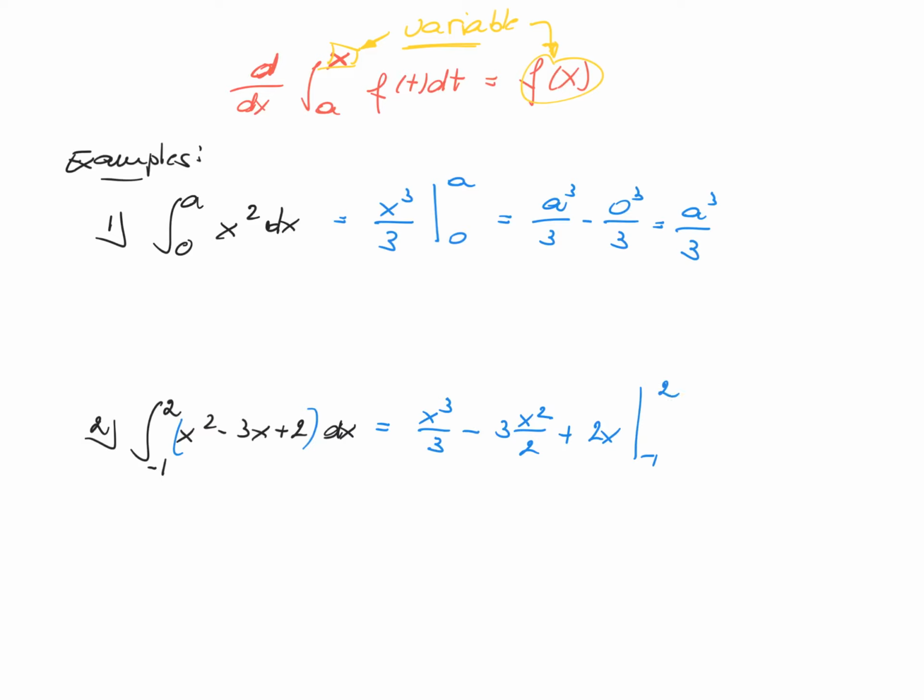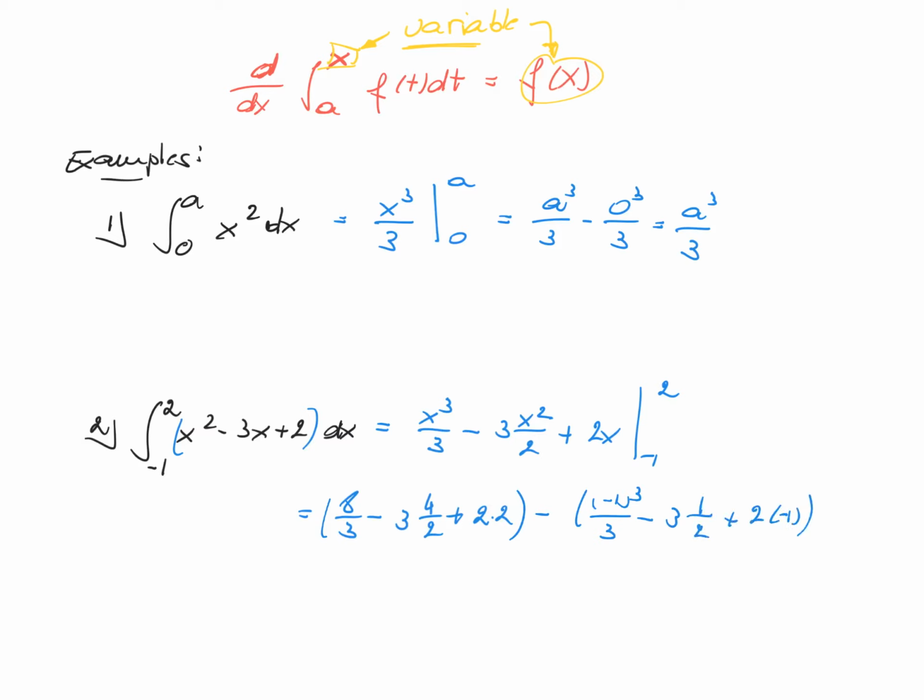We plug in 2, so it's 8 over 3 minus 3 times 4 over 2 plus 2 times 2, minus the same thing in the lower boundary, in minus 1. So it's minus 1 to the power 3 divided by 3 minus 3 times 1 divided by 2 plus 2 times minus 1.